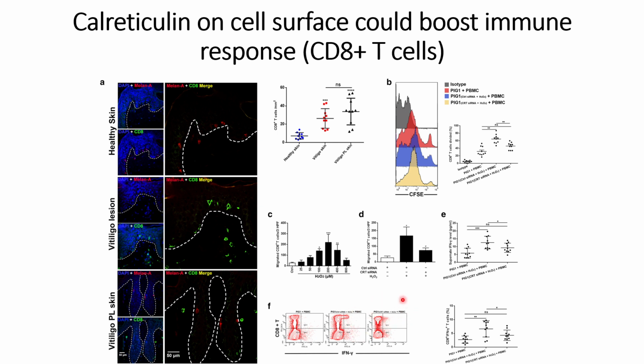However, when they use the CRT siRNA, there is a very small population of cells that are CD8+ positive and IFN gamma positive, indicating that the calreticulum on the cell membrane helps in IFN gamma cytokine formation, or helps in the maturation of the CD8+ cells to become cells that are both CD8+ positive and IFN gamma positive.